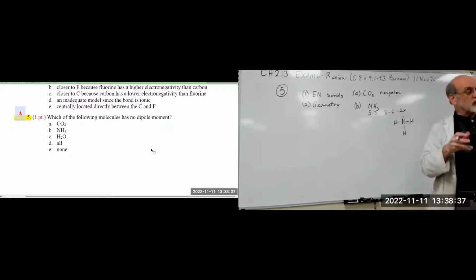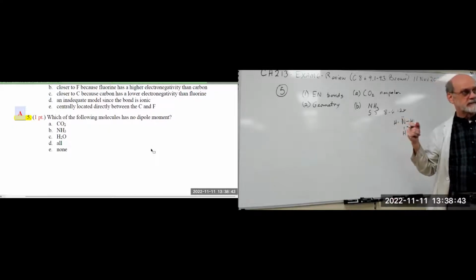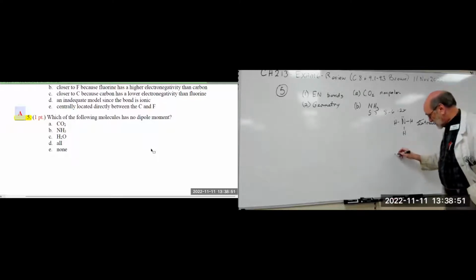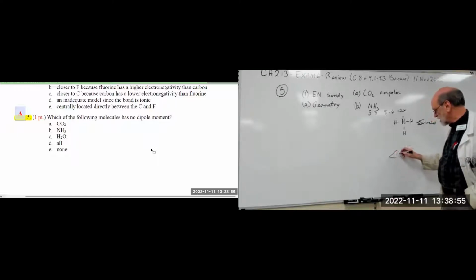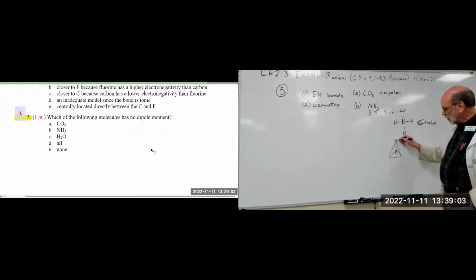So what is the electronic structure for this molecule? 4 groups, tetrahedron. Okay. So the tetrahedron is going to look like this with a triangular bottom. Nitrogen's in the middle somewhere, and we're going to have maybe a lone pair here.